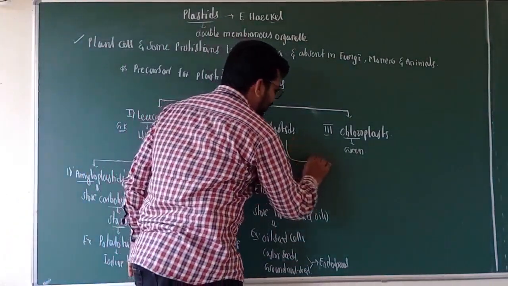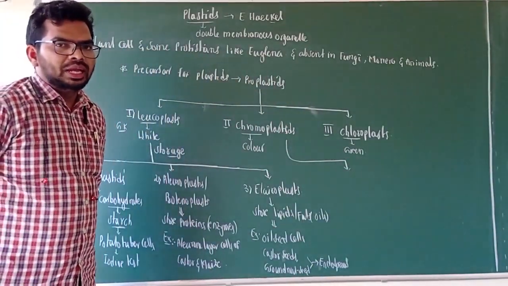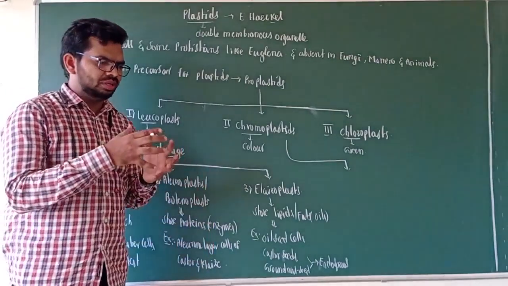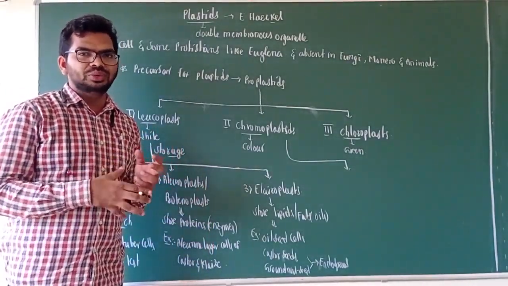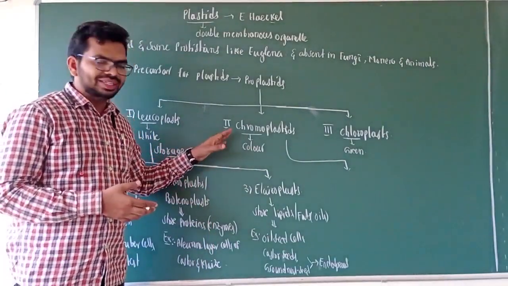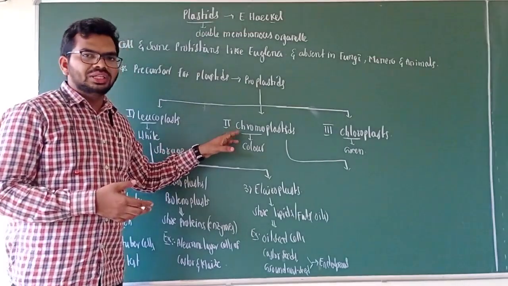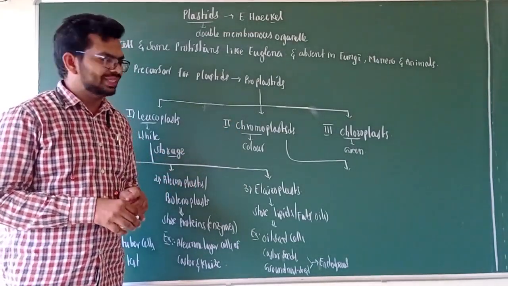You know very well, children, chromoplasts are mainly responsible for color in plant parts, like the petals are going to be different color, and the ripened fruit is going to be different color, even the seeds are going to be different color. That is exclusively dependent on the type of chromoplasts present in the plant parts. Understand me?